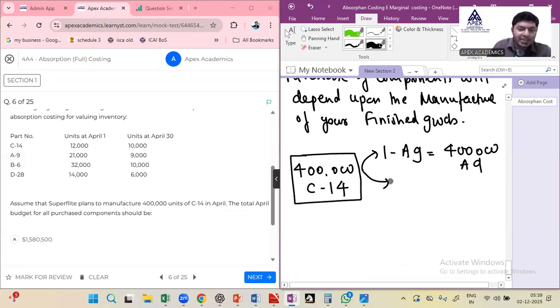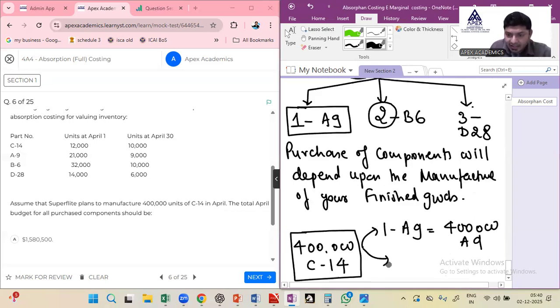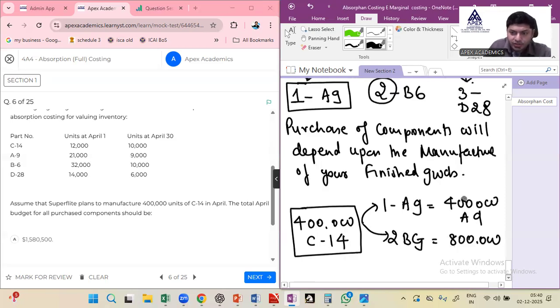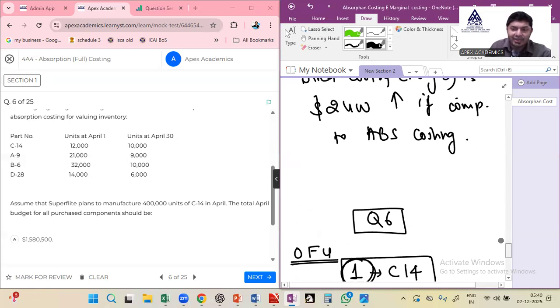Next, I will take into consideration my B6. Now see over here how many B6 I need. I need 2 B6 to make 1 unit of C14. So to make 4 lakh C14, I need 8 lakh units of B6. And the final item that I am looking at is D28.